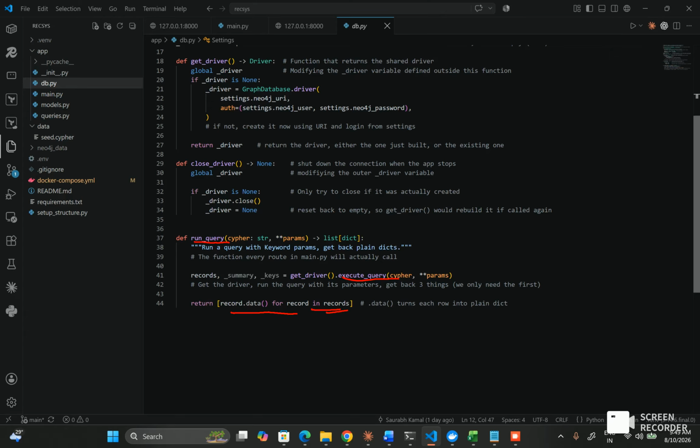Okay, understandable. Now, next, where do the actual Cypher queries this function runs come from?